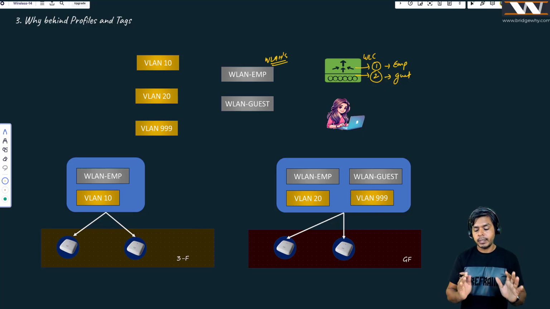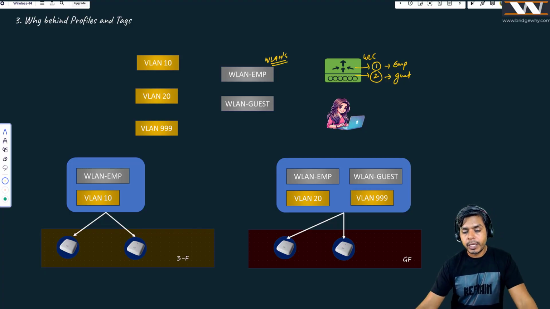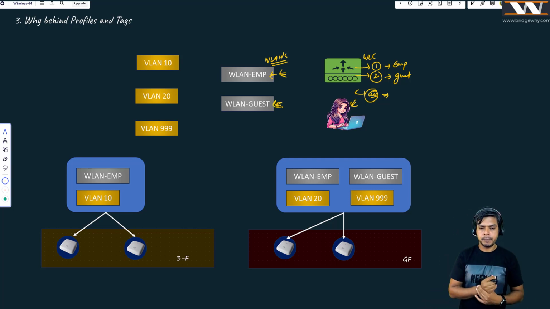I want my WLANs to be there, one employee and one guest. And this is what Anjali is thinking, that if I am developing a WLC, it should give me a UI to build two different WLANs or multiple WLANs. So she has developed that page in the WLC, and through that you can create these two different WLANs. Very, very simple at this point.